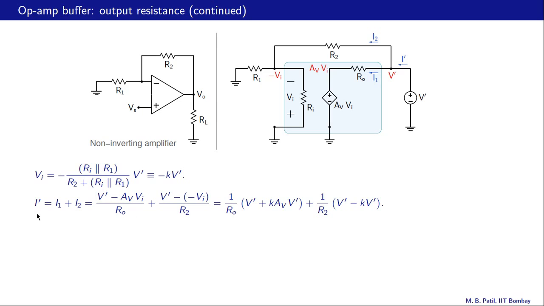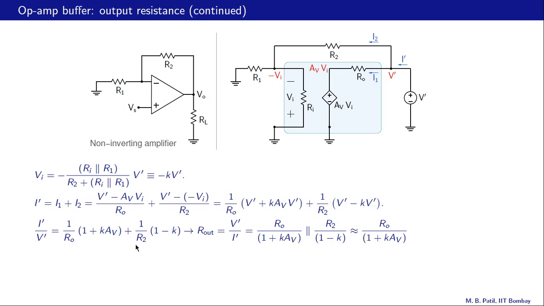So we now have I prime in terms of V prime. All of these are in terms of V prime. And we can now obtain I prime divided by V prime. What we want is V prime divided by I prime, the output resistance. So let us do that. So I prime by V prime is 1 over RO times 1 plus K times AV, the first term here, plus 1 over R2 times 1 minus K, the second term here.